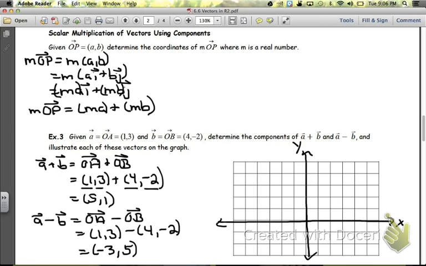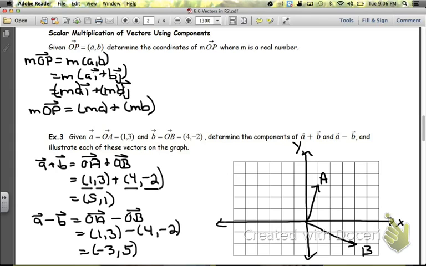Remember, always start at the origin, over 1, up 3. So this would be A, and it goes from our origin, because it's OA. And then our vector B, which is OB, is going to be at (4, negative 2) from the origin. So our B value is right here. That's our B.